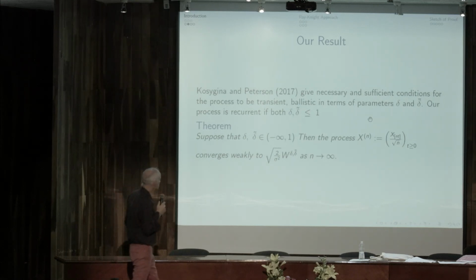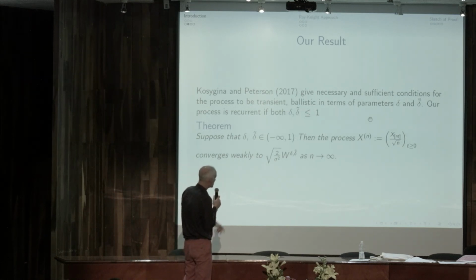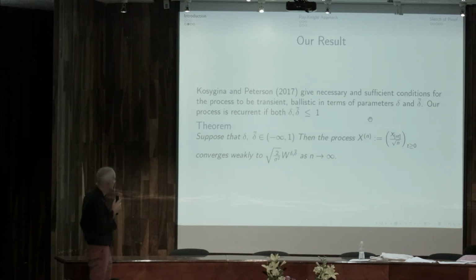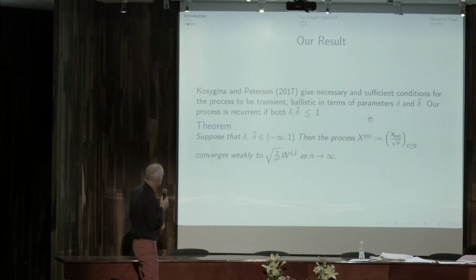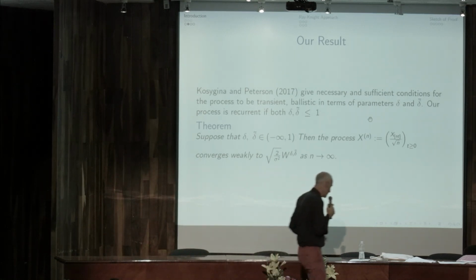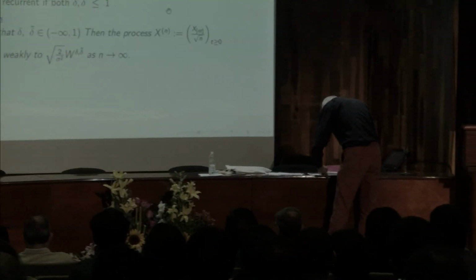And then we have this process, our process suitably rescaled, diffusively rescaled, is going to converge to square root of 2 over sigma squared times this Brownian motion perturbed at extrema, where I haven't told you what sigma squared is either, but that will happen.